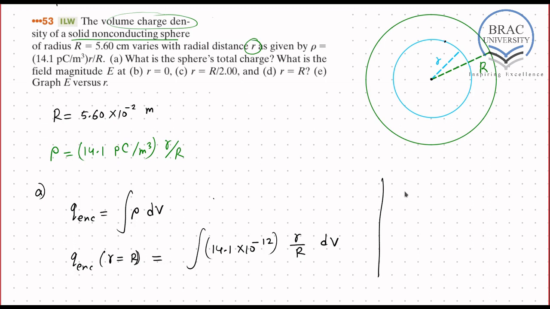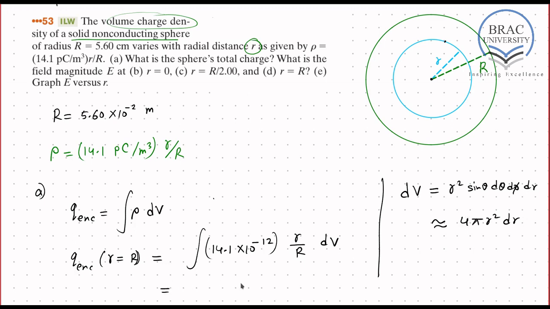The spherical coordinate system gives us dV equals r squared sine theta d theta d phi dr. It may look a little scary, but in our case it basically reduces to 4 pi r squared dr, because we only have radial dependence. You can look at the PDF for the details.